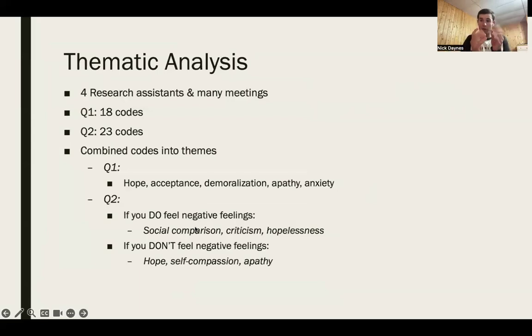And then we took those codes and combined those into themes. And these are the overall themes that we extracted from the data. For question 1, which, if you recall, asked how people generally felt about the discrepancy that they had, people felt hope, acceptance, demoralized, apathetic, and anxious. Question 2 was really what we were looking for, which was a qualitative way to look for moderators, which is, if you feel negative feelings, why is that?